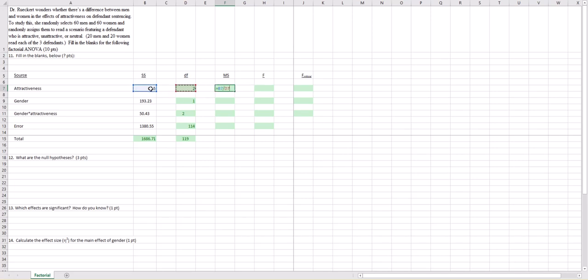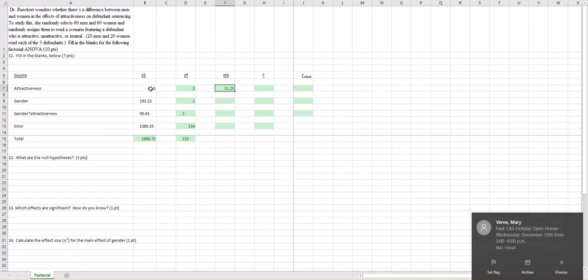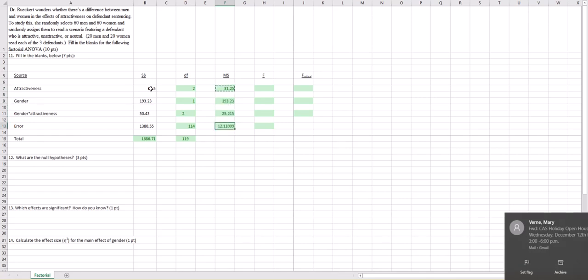Degrees of freedom is going to be used in our mean squared. It's going to be sums of squares divided by degrees of freedom equals mean squared. Same thing for the rest.